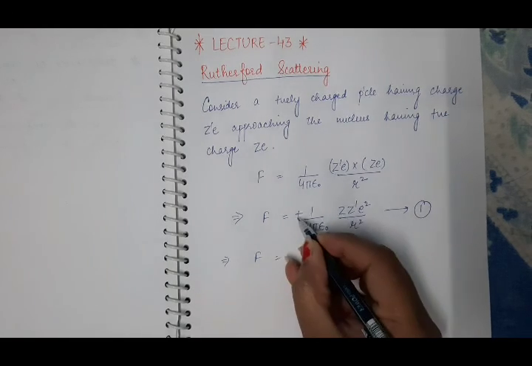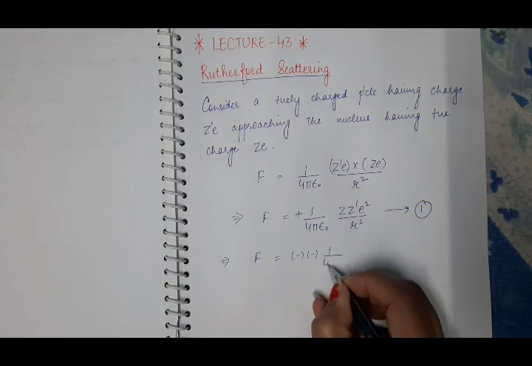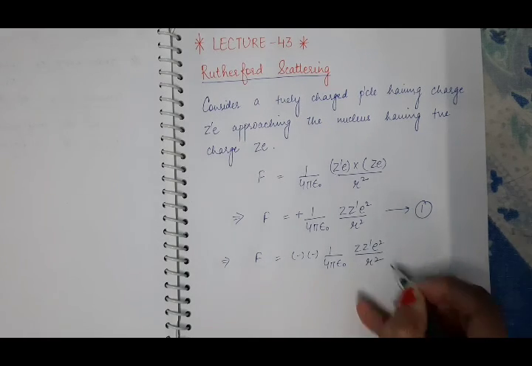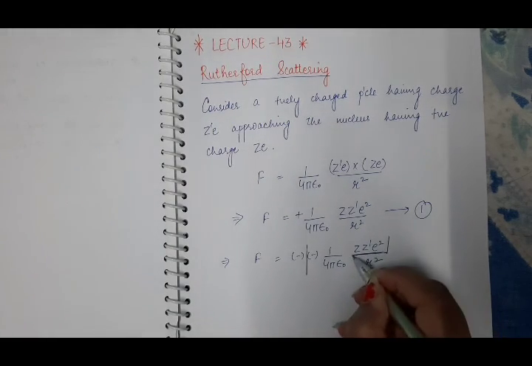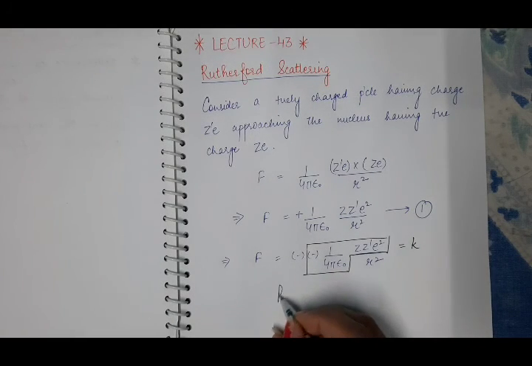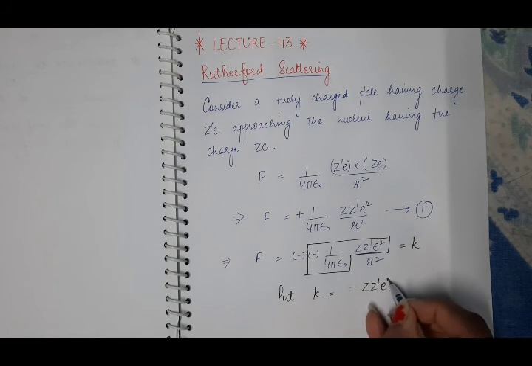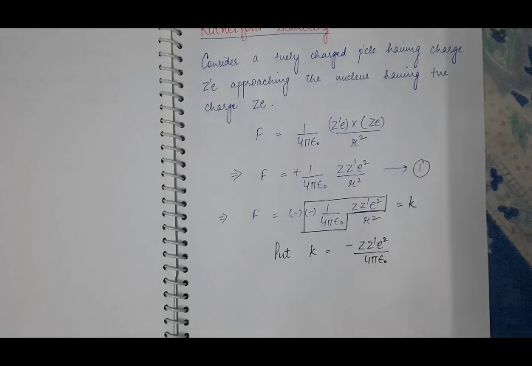Now we can write this positive sign as negative into negative, and we have 1 by 4 pi epsilon naught Z square by R square, and now put this equal to K. So put K is equal to minus Z square upon 4 pi epsilon naught, and what you will get is the Coulomb interaction between the positively charged particle and the nucleus.